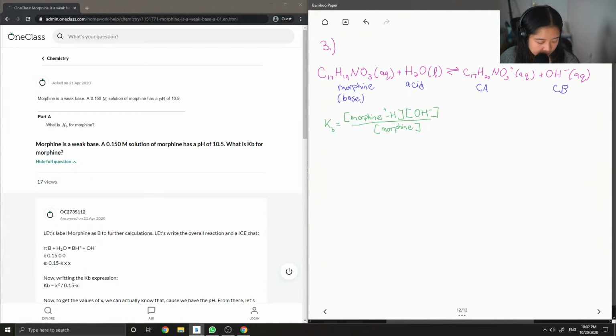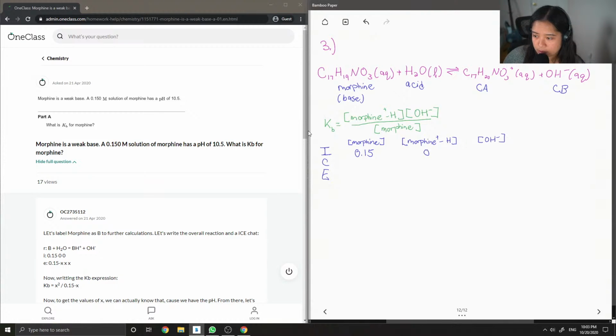And now I'm just going to draw out an ice table. Okay, so our initial concentration of morphine is 0.15, and then our initial concentrations of our products are 0.